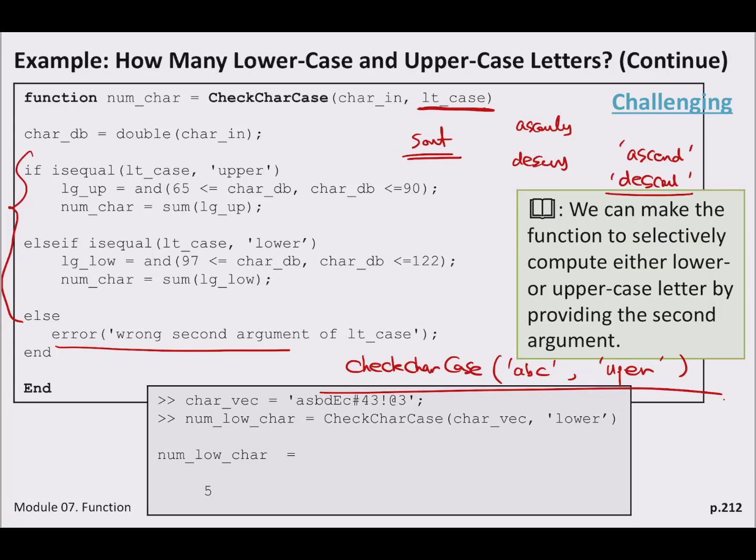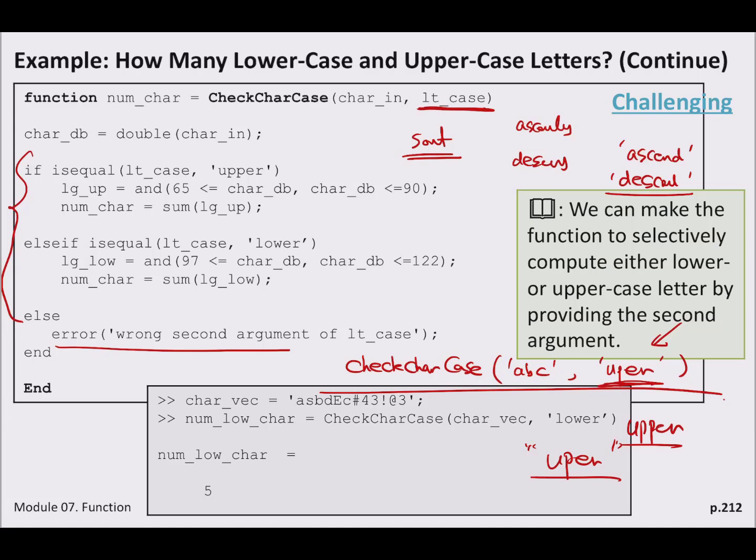So what do we do? How do we design the function when the user puts this kind of wrong second argument? Upper, that one is correct, but what if we put a wrong second argument? We need to produce the error message, right?